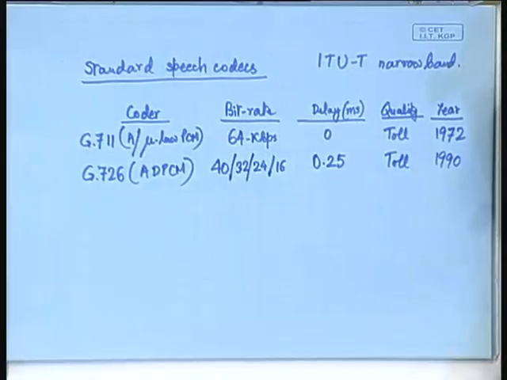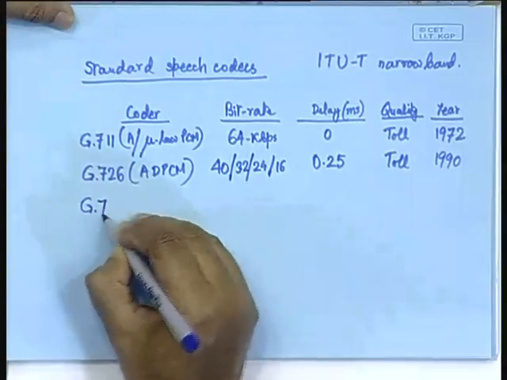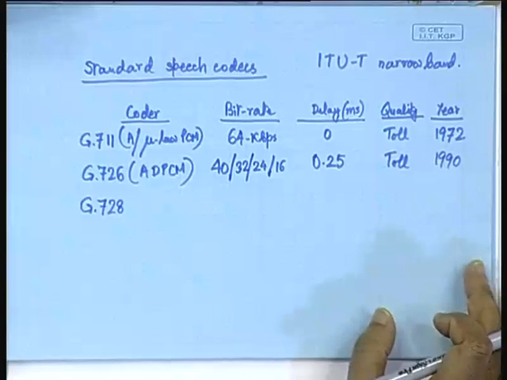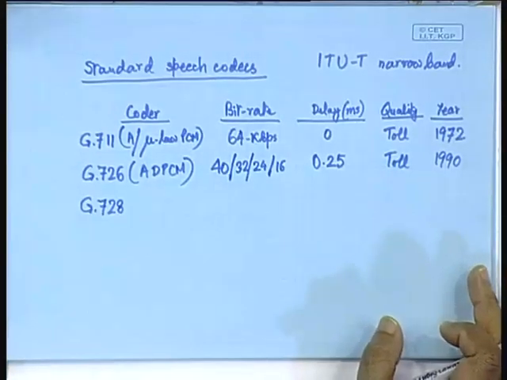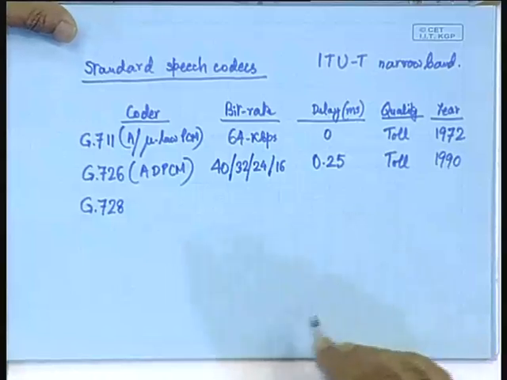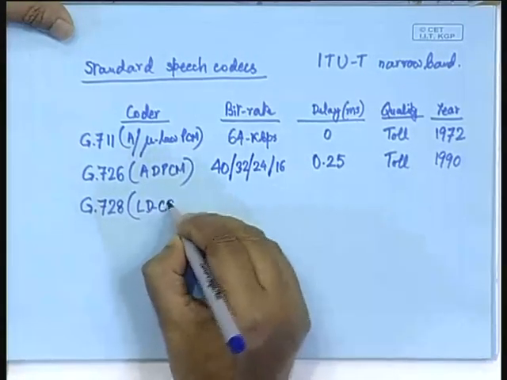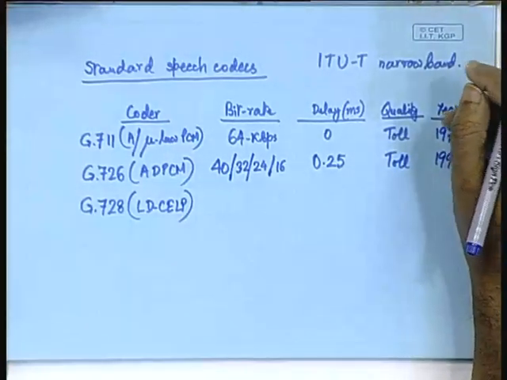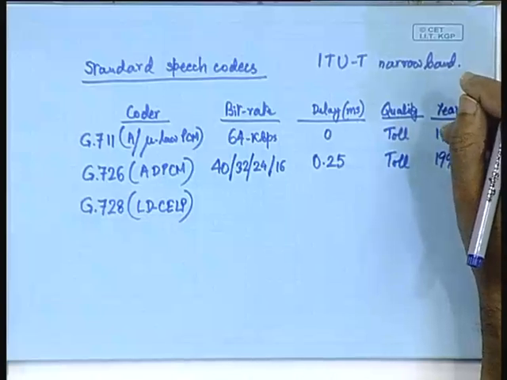The next that we talk about is the G.728 encoder. G.728 is not exactly a waveform approximation coder, it is actually a hybrid coder, which is LD-CELP. CELP stands for code excited linear prediction. I am not explaining this in detail right now.